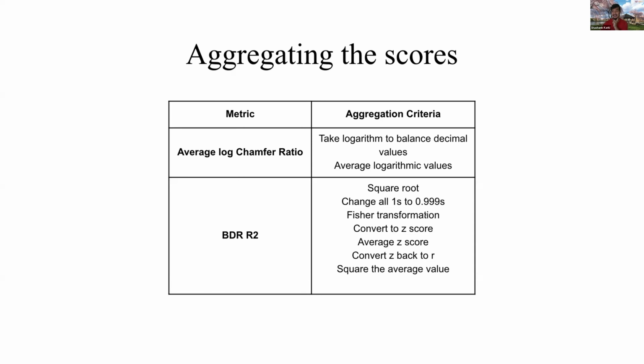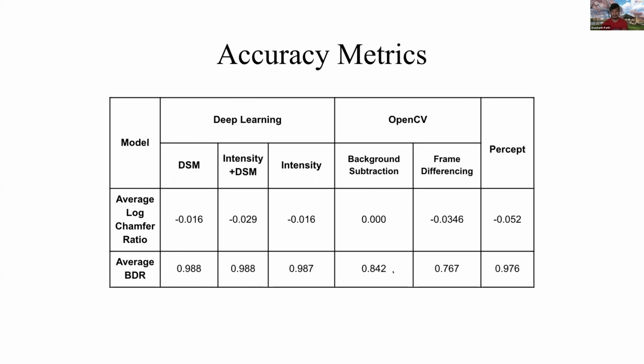That was because it's performing a tan inverse, and anything divided by 0 is a 1. So I ended up changing all the frames that had a perfect R square value of 1 to 0.999. Upon doing that, I got these kind of values.